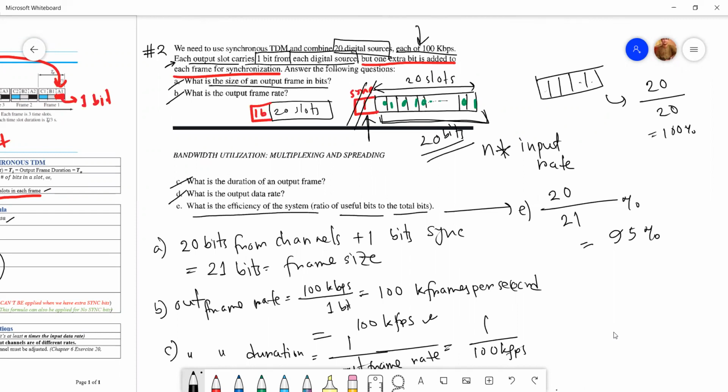But now we have 95% efficiency because the 5% goes to the synchronization part. So this is the solution for question number 2.